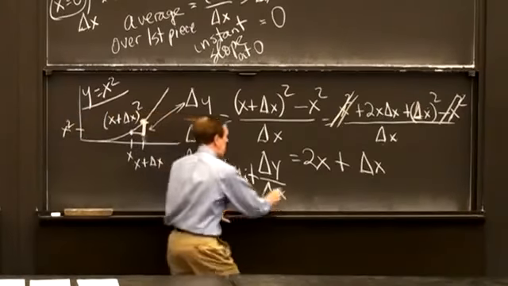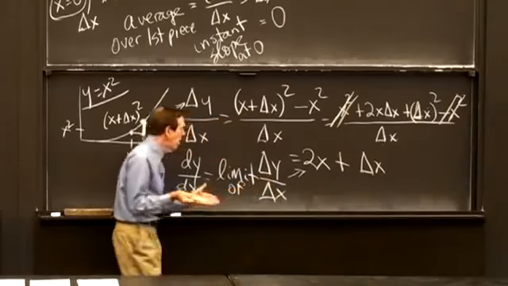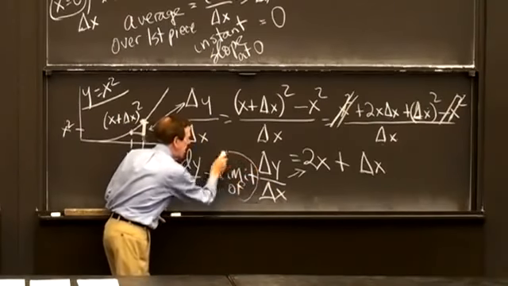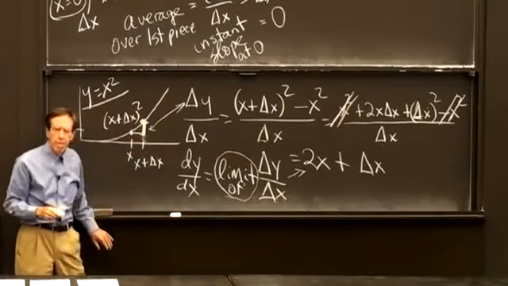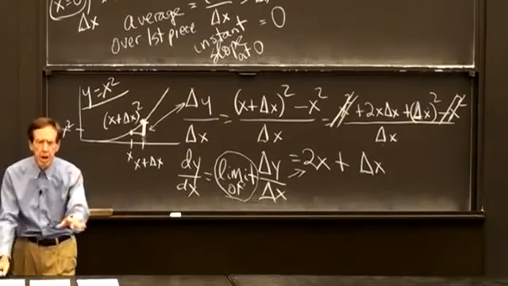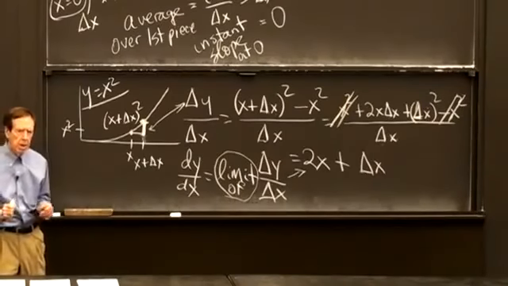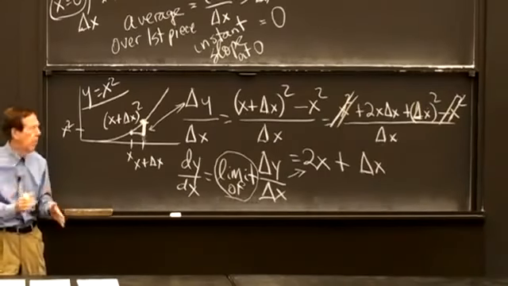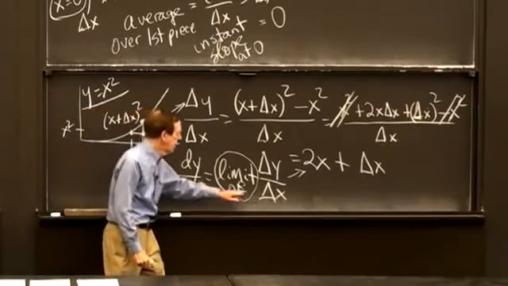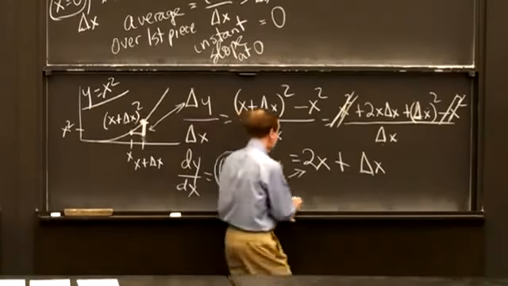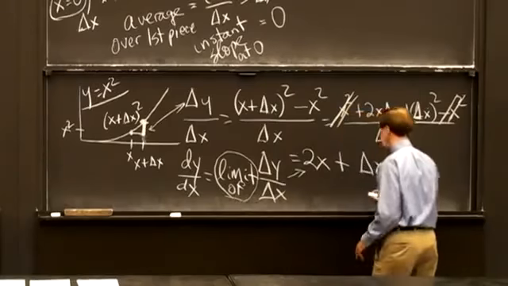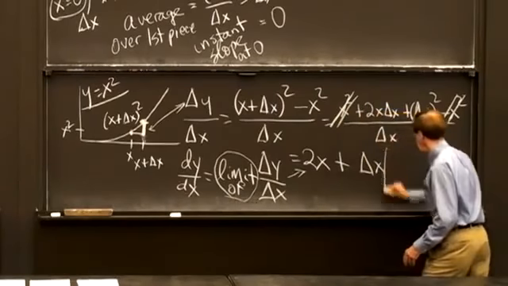And this was this. So now here's the big step, leaving algebra behind, going to calculus. In order to get what's happening at a point, I let delta x go to 0, and what is that? So delta y over delta x is this. What is dy dx?